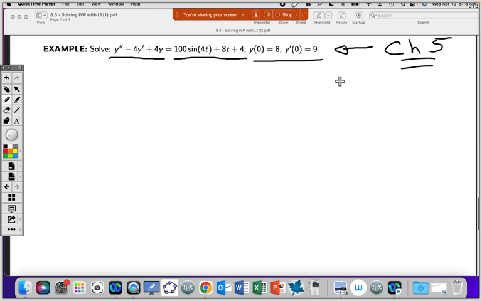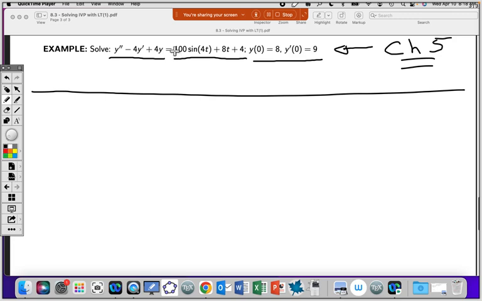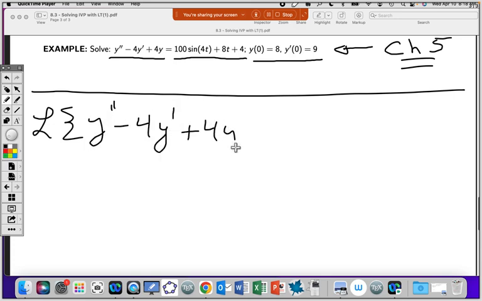This would be a classic method of undetermined coefficients problem that you could do. But we're going to use Laplace transform. Okay, so step 1 is to Laplace everything. All right, so we're going to Laplace the left-hand side. And then we'll Laplace the right-hand side.